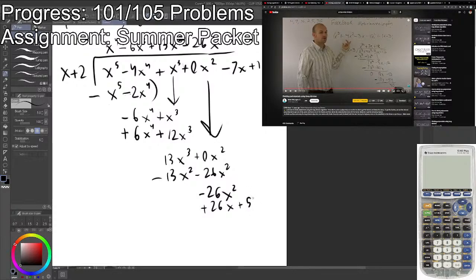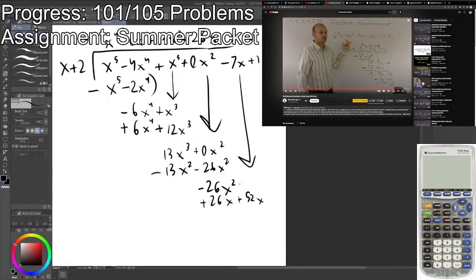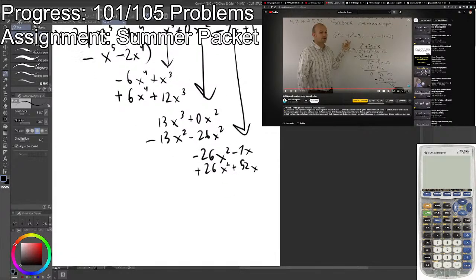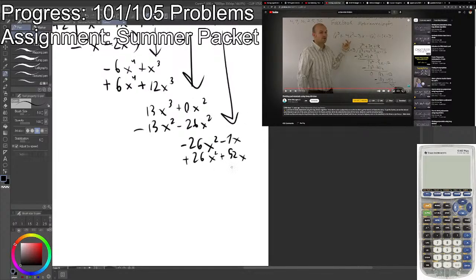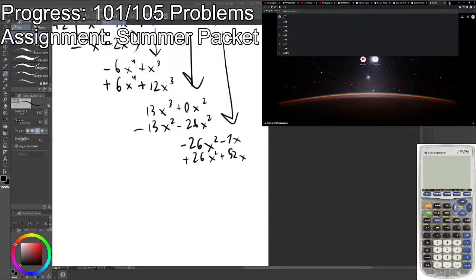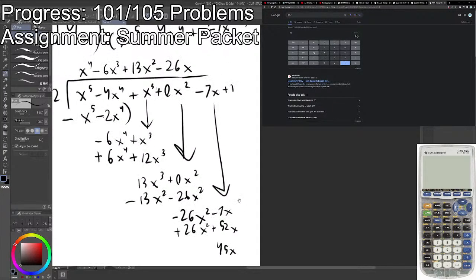Could be plus 52x. So many places I can mess up here. Minus 7x. Wait, this is squared, right? Yeah. 52 minus 7. These are kind of fun, but easy to mess up, I feel like. 45x.